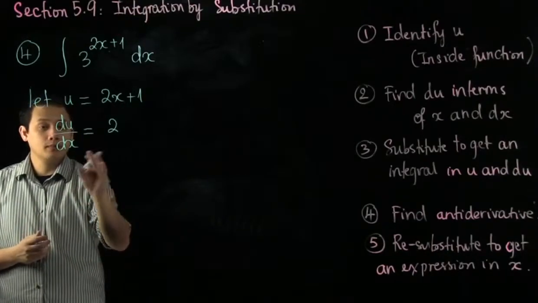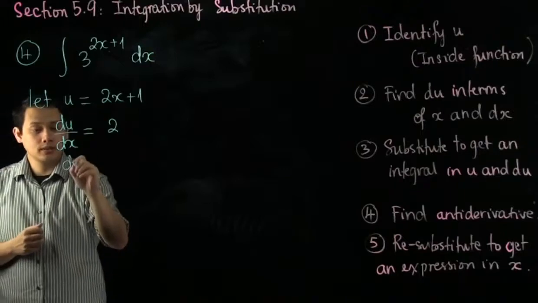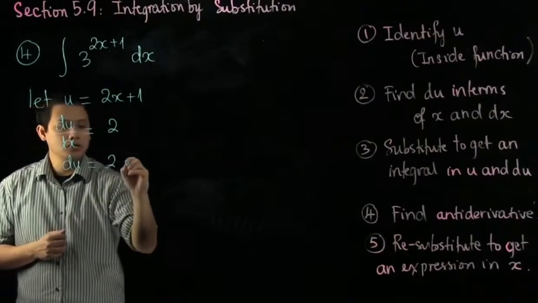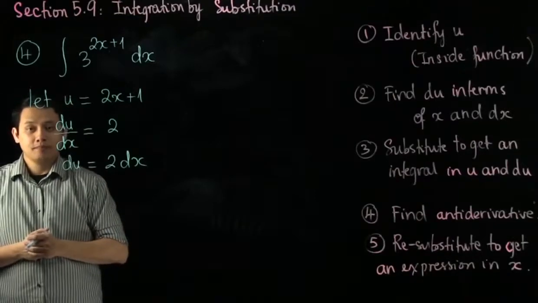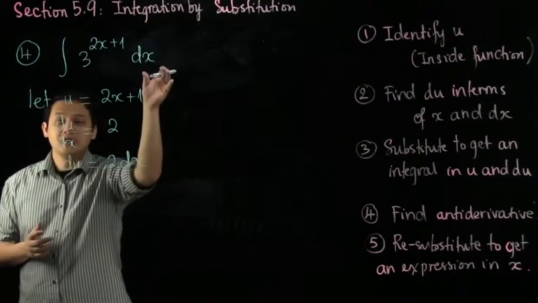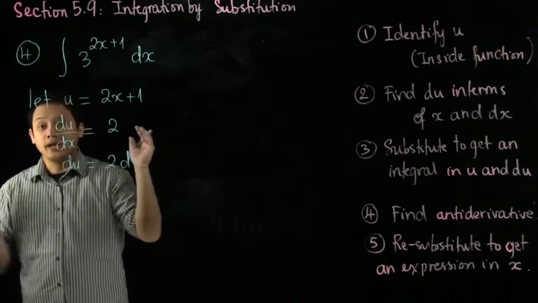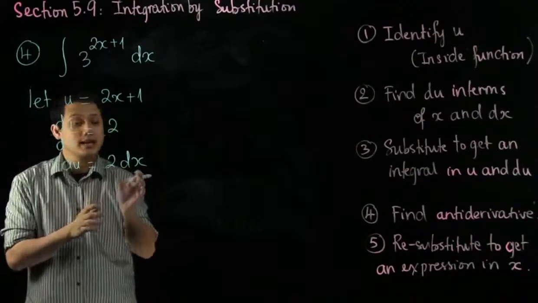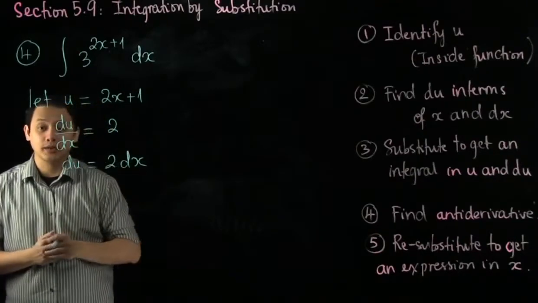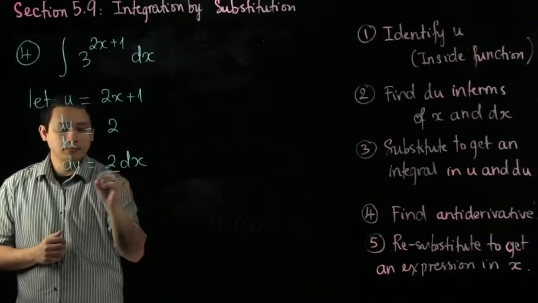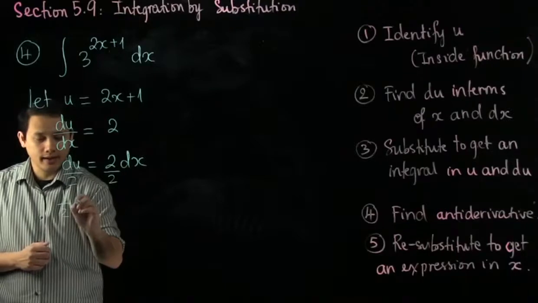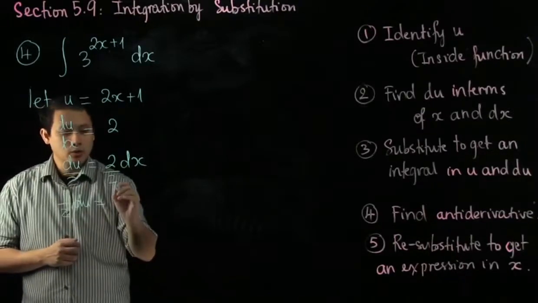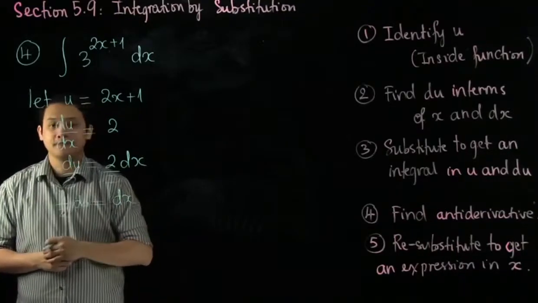Now you can multiply across by dx and you have du equal to 2 times dx. But once again, when you look back at the original integral, you say, oh, I don't have 2 times dx, I just have dx. How can I get rid of the 2? Very simple, you just divide both sides by 2, and you have 1/2 du equal to dx.